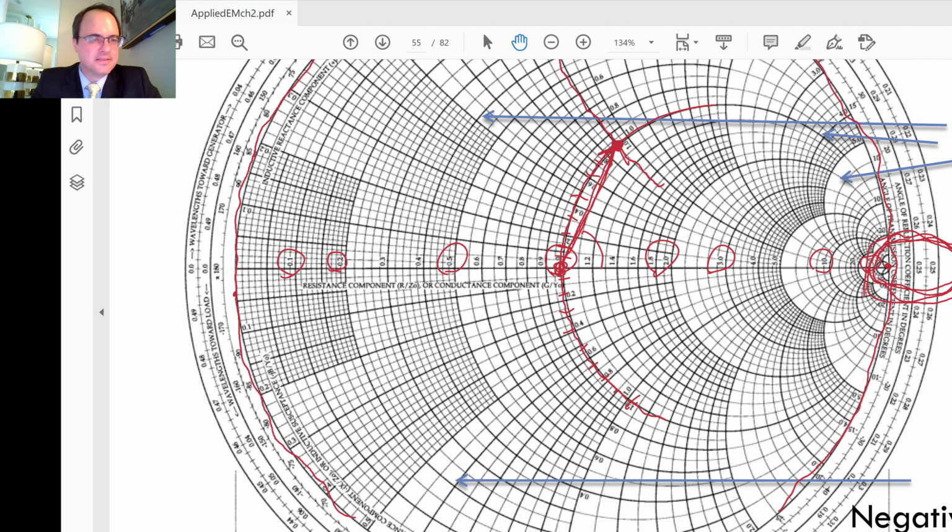You go around 360 degrees, and this chart starts at the phase of 0 right there. For positive phase angles, you go in the counterclockwise direction in the complex plane. For negative phase angles, you go in the clockwise direction.